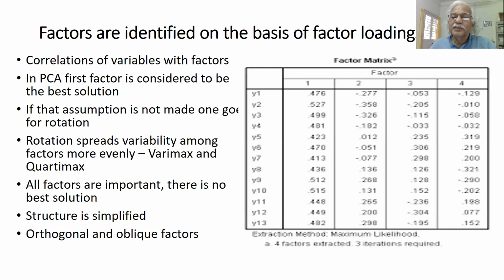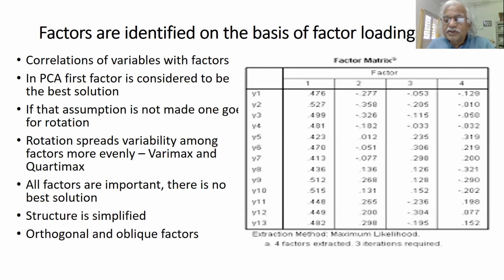And by looking at these correlation coefficients, you can say that factor 1 depends maximally on variable 2 because that correlation is 0.527.